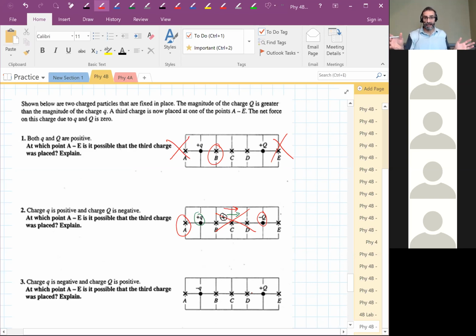Think it through for yourself if you need to. We know we have to be outside. We can't be between them. And we know we have to be closer to the smaller one. So A.